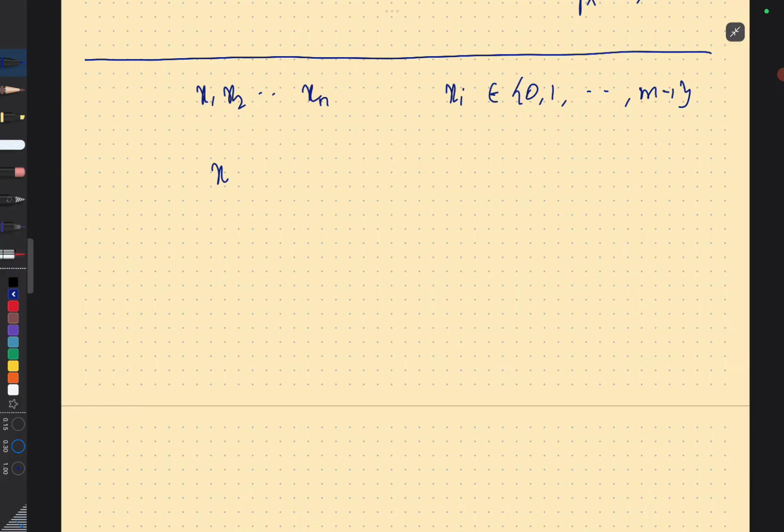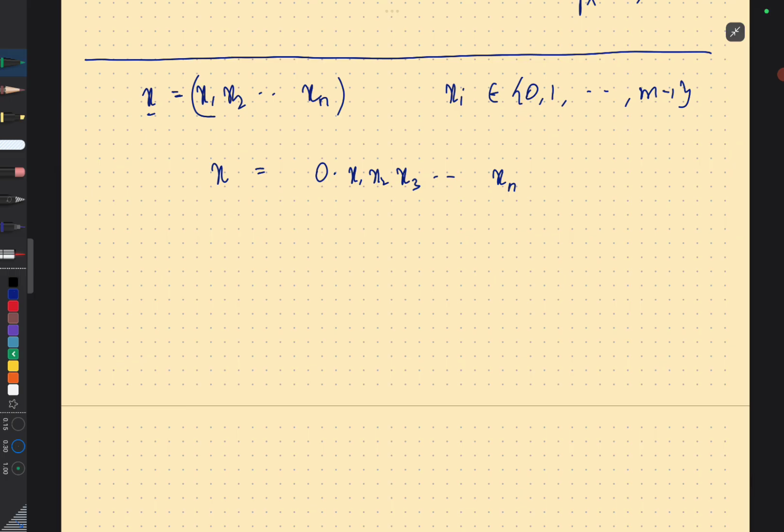Now I can represent each such sequence, x bar, as a real number between 0 and 1. And I can do so by considering the m-ary representation of real numbers. So I'll write this as 0.x1, x2, x3, and so on up to xn.